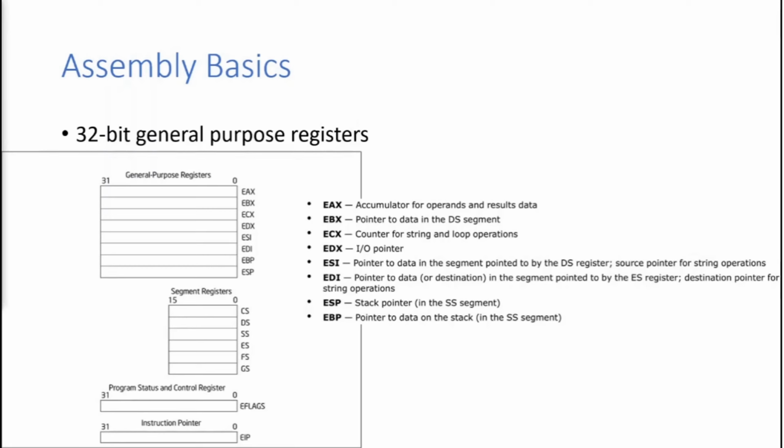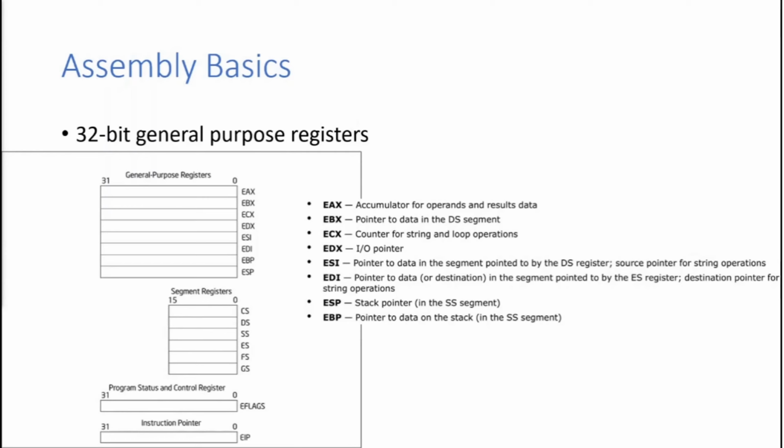The 8 general purpose registers are the accumulator register used in arithmetic operations, counter register used in shift and rotate instructions and loops, data register used in arithmetic operations and input-output operations, base register used as a pointer to data, stack pointer register that points to the top of the stack, stack base pointer register used to point to the base of the stack, source index register used as a pointer to a source in stream operations, and the destination index register used as a pointer to the destination in stream operations.